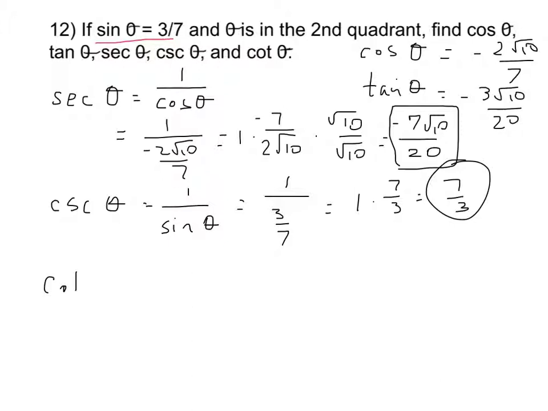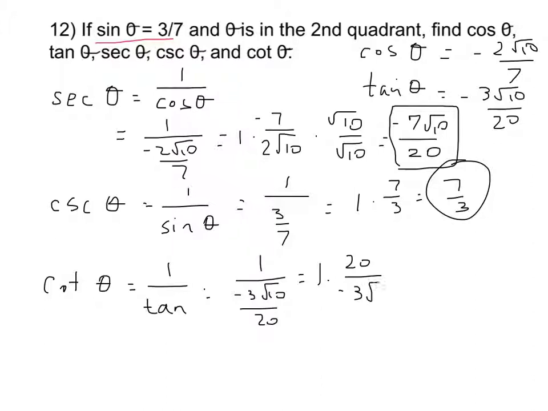The cotangent of theta, there's a couple of ways to think of it, but one way to think of it is just 1 over the tangent. And we found that the tangent is negative 3 square root of 10 over 20. So this is the same thing as 1 times 20 over negative 3 square root of 10. And I don't really like the square root of 10 on the bottom, so I can multiply that on the top and the bottom again.